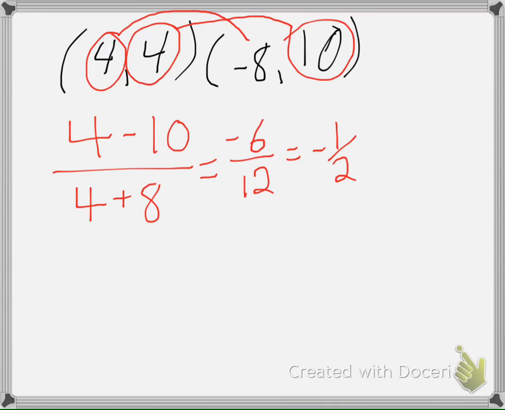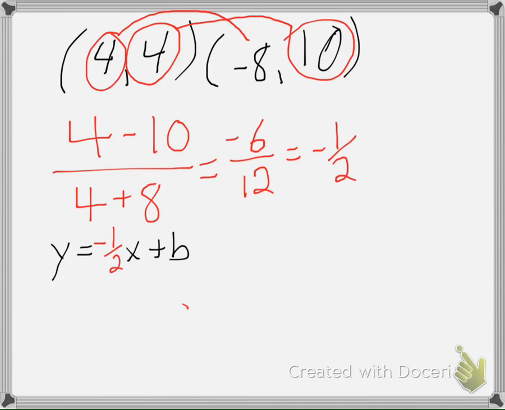Now, remember that's only the first part of our equation. Once I have my slope, then I can plug that into my standard form, y = mx + b. So I can replace the m with -1/2.